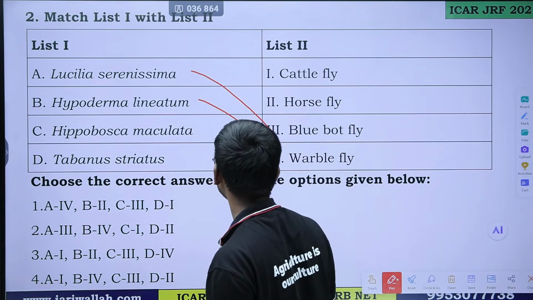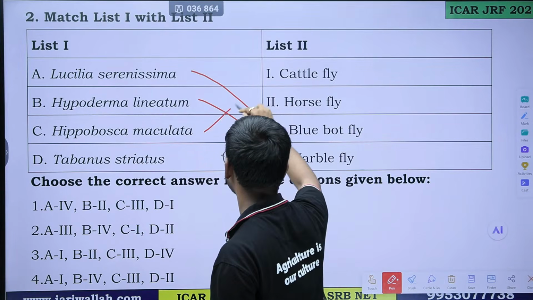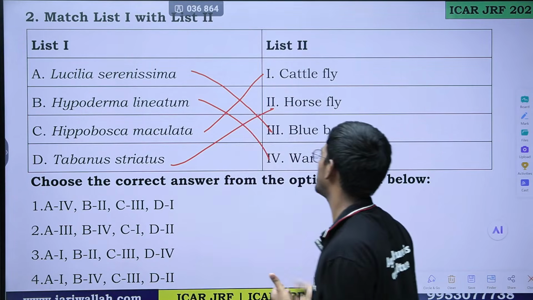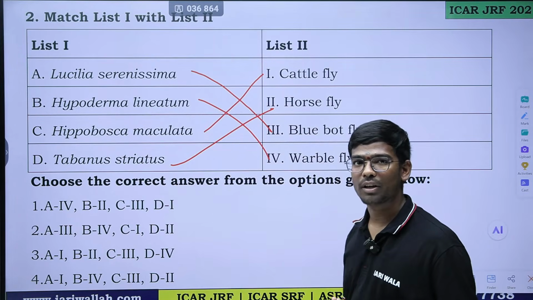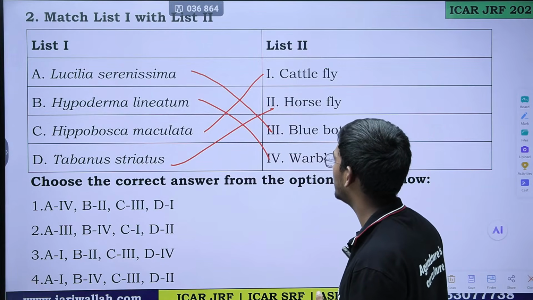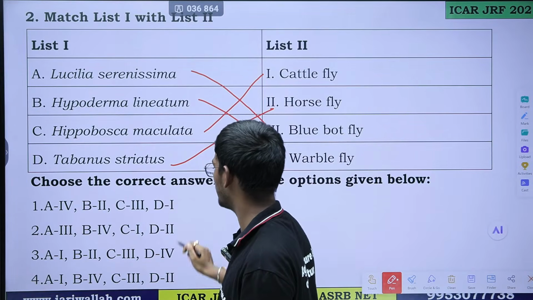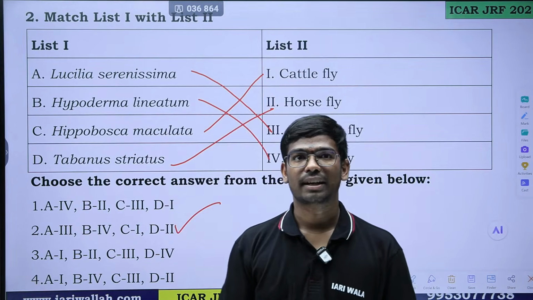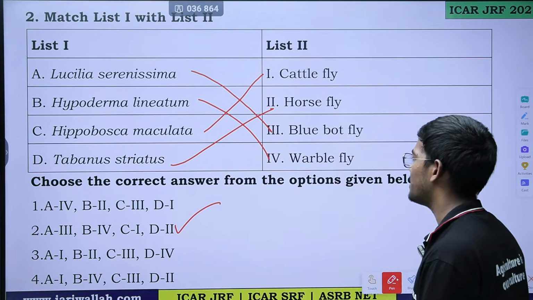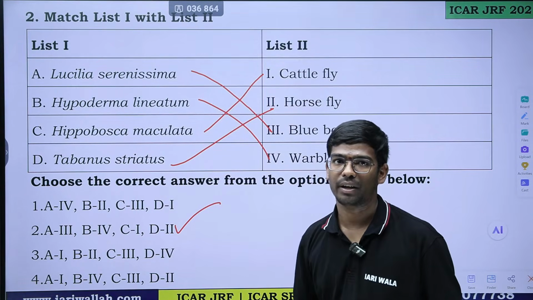Hippobosca maculata is the cattle fly. Tabanus striatus is the horse fly. Mostly we remember the blue bottle fly and horse fly scientific names. So we got A3, B4, C1, D2. The second option is the correct answer.